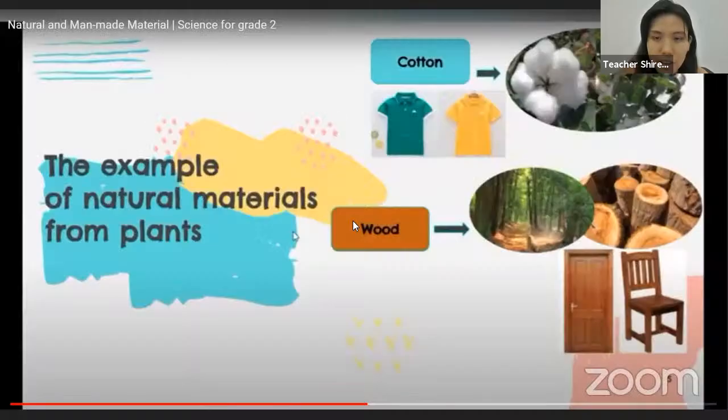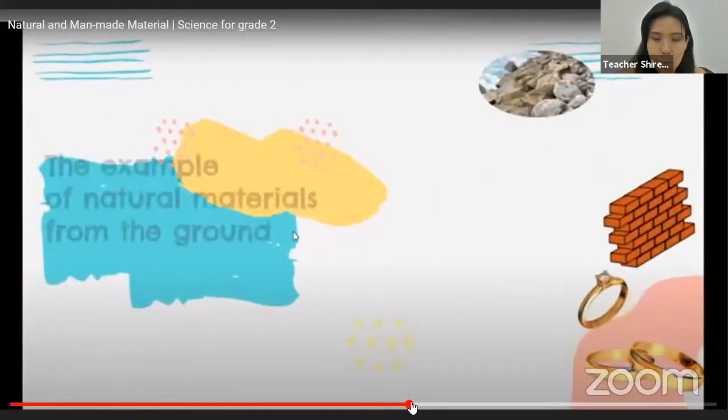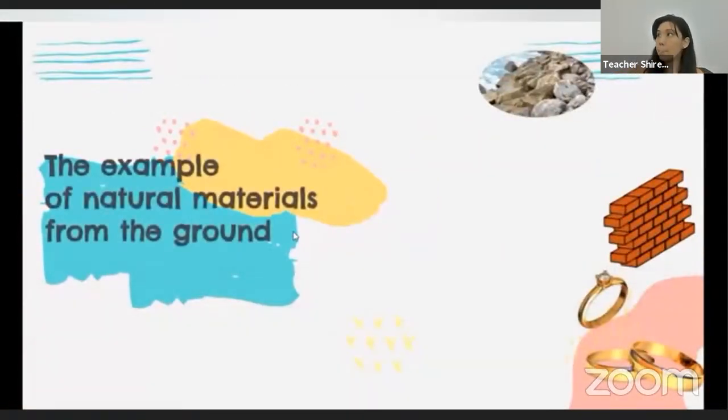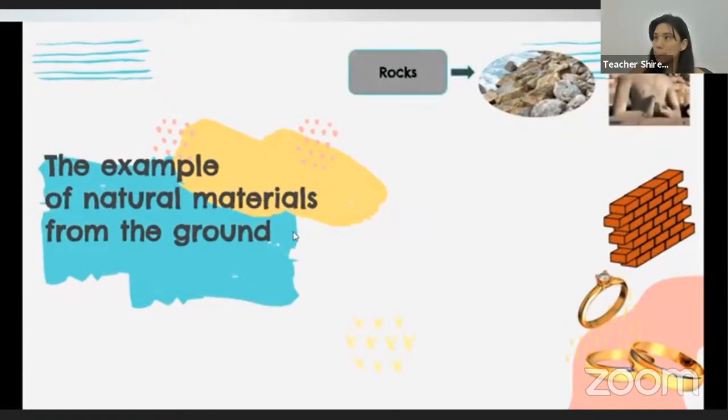So if you understand, let's continue. How about man-made things? What is man-made? Alright, let's take a look at the example of natural materials from the ground. First, rocks. They can be used to make statues, and clay.